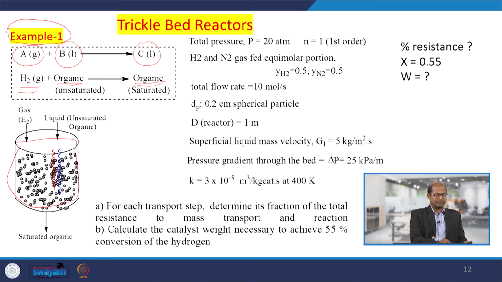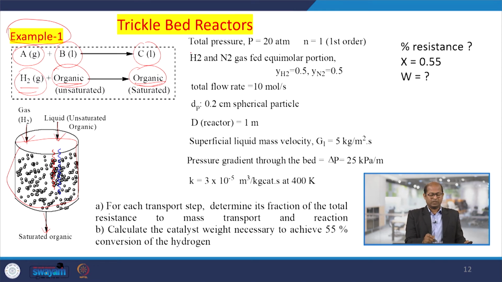In this case, reactants A and B pass from the top in co-current mode. Okay. They pass through the reactor, and from the bottom the converted products and the unreacted reactants leave the reactor. Okay. This particular reaction is a hydrogenation of an unsaturated organic compound to convert it into a saturated organic.